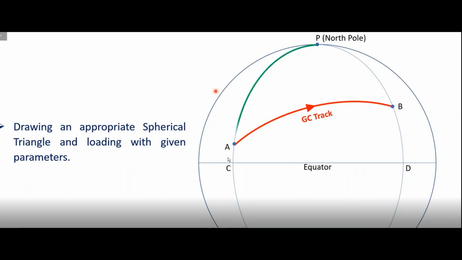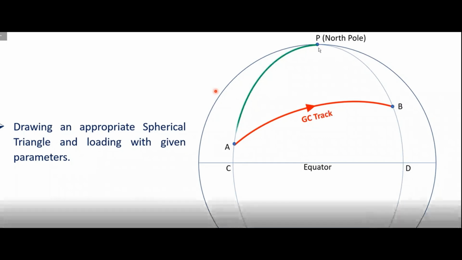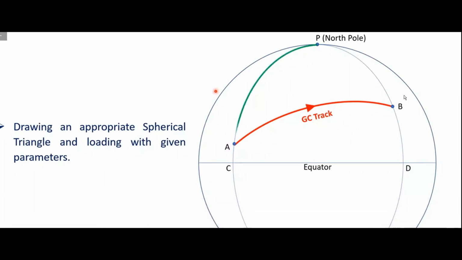Now we know all the meridians are great circles. So this tells us that this particular line is a great circle. Similarly, the line which you see, Papa Bravo Delta, is the meridian of B. So all the meridians are great circles. So we know the side Papa Bravo of this triangle is also an arc of the great circle.